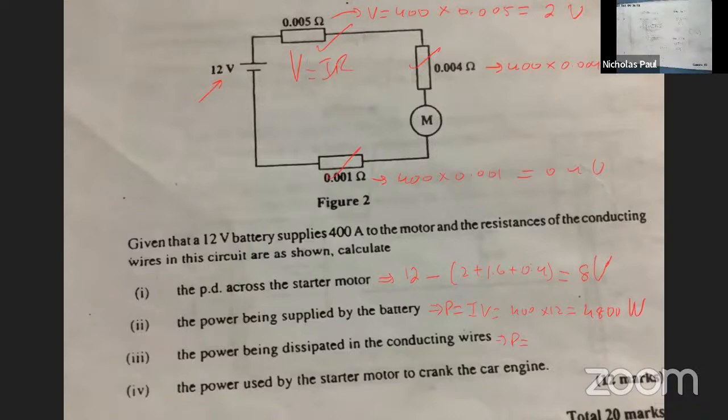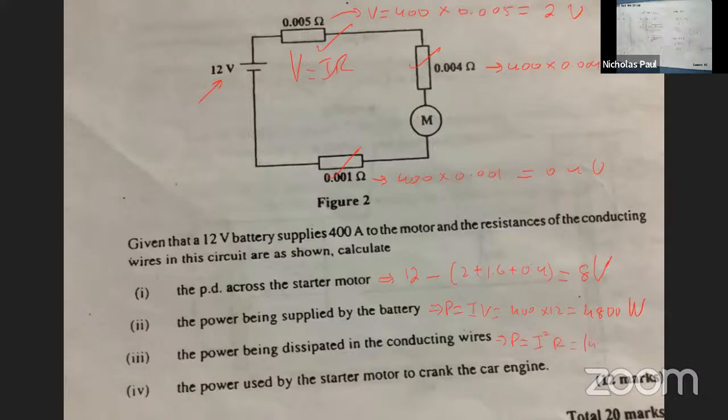Check back the list now. Anybody can help him? What are we using for power loss? I squared R, right? Check back the list right here. Power loss means dissipated, means loss. I squared R.